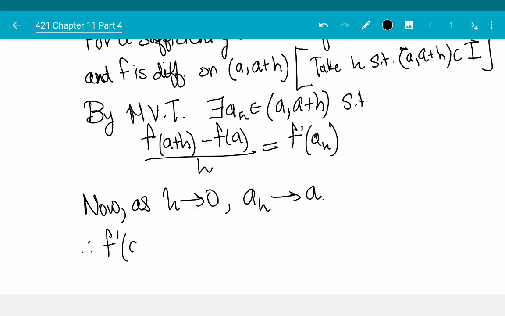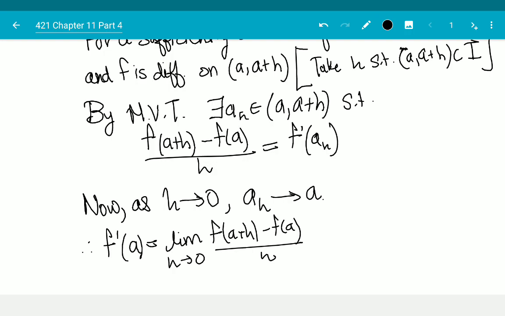Therefore, f prime of a is equal to the limit as h goes to 0 of f of a plus h minus f of a over h, which is equal to the limit as h goes to 0 of f prime of a_h. Sorry, I've already said that a_h goes to a, and this goes to f prime of x, and that is exactly equal to f prime of a because a_h was going to a.